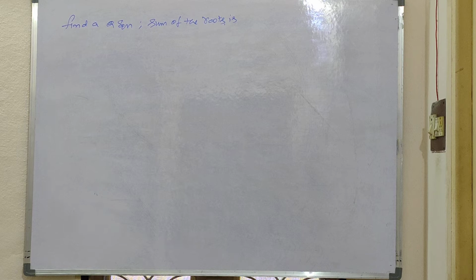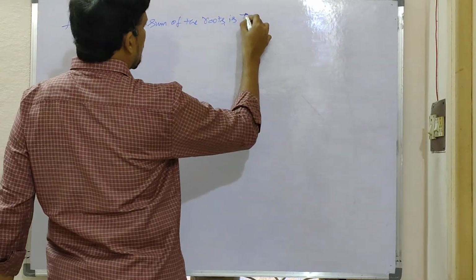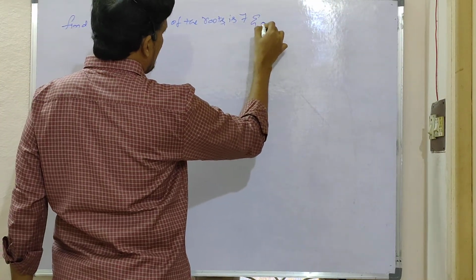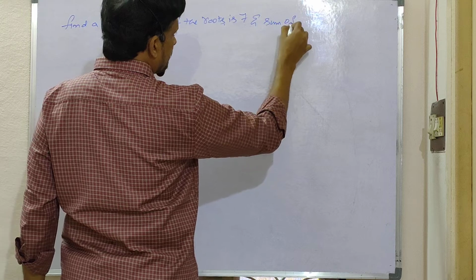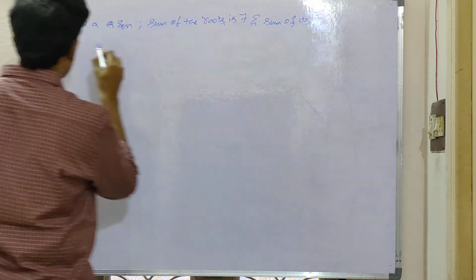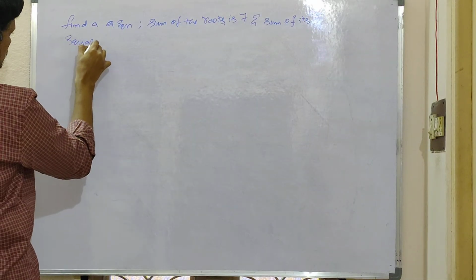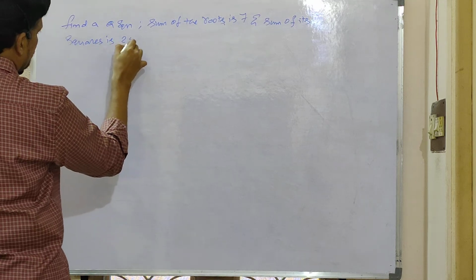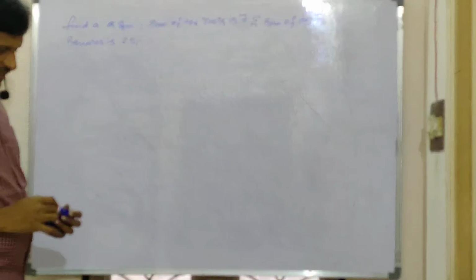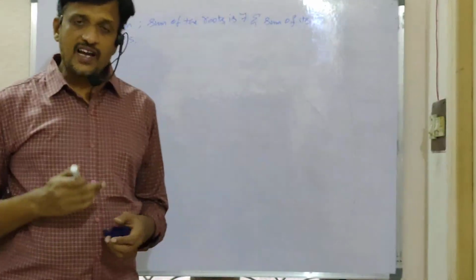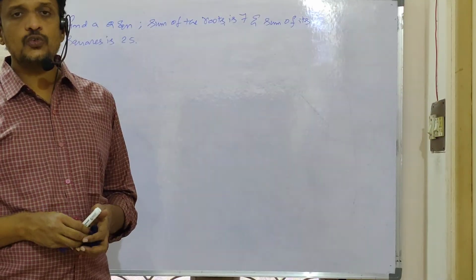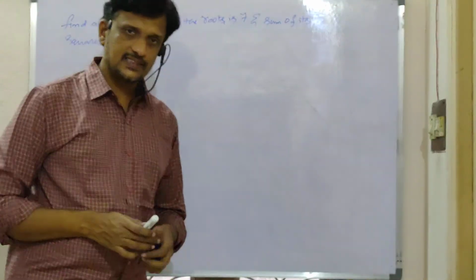a quadratic equation so that the sum of the roots is 7 and the sum of the squares of the roots is 25. That means we have to form a quadratic equation whose roots satisfy the given two conditions.